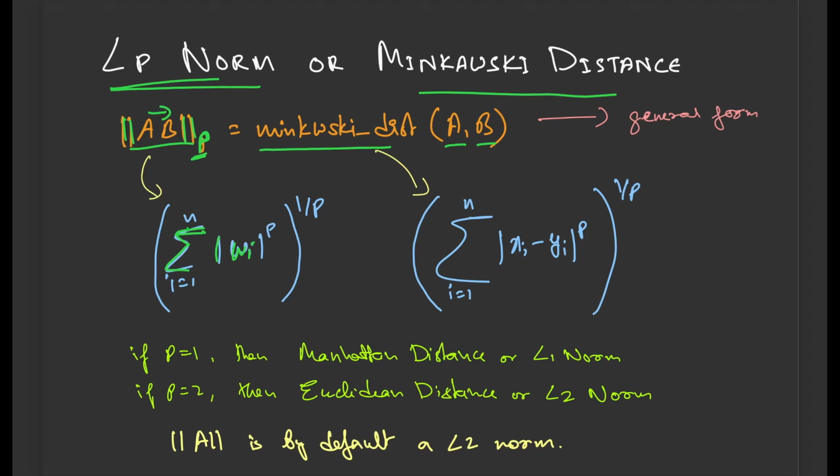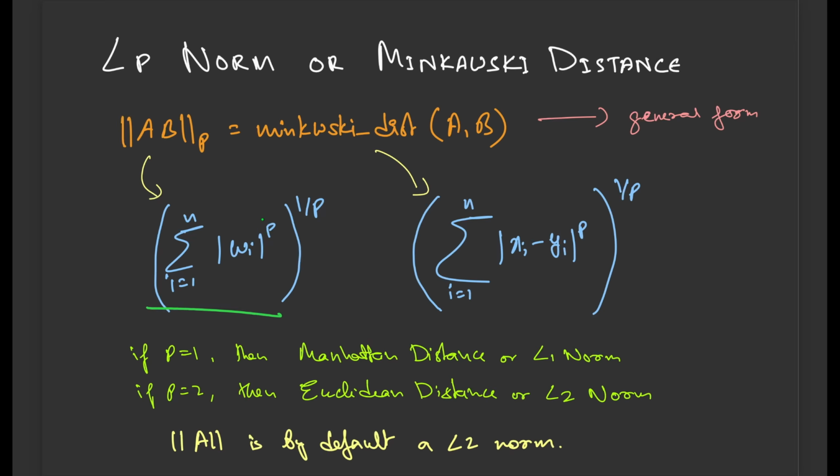So basically you sum over all the components of the vector and you take the absolute value of each of the components, and then you take to the power p. Okay, so absolute value of wi to the power p, you sum them up and then you take to the power 1 by p. Okay, so that's the general formula for LP norm.